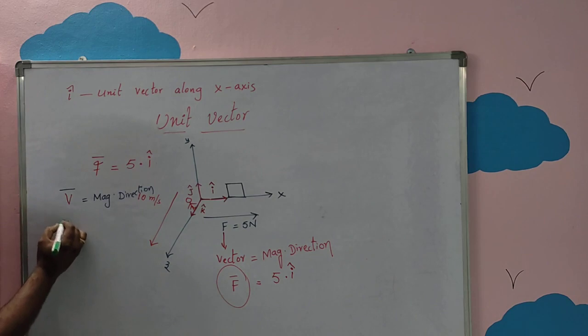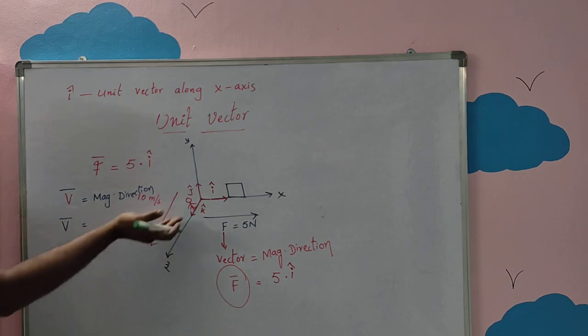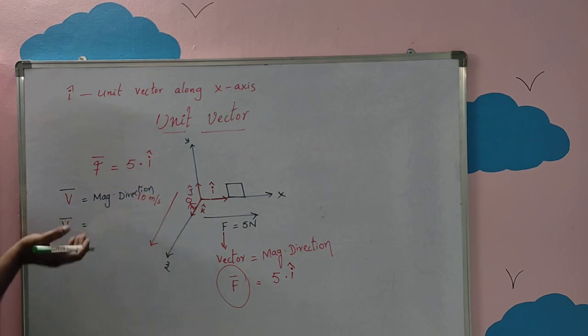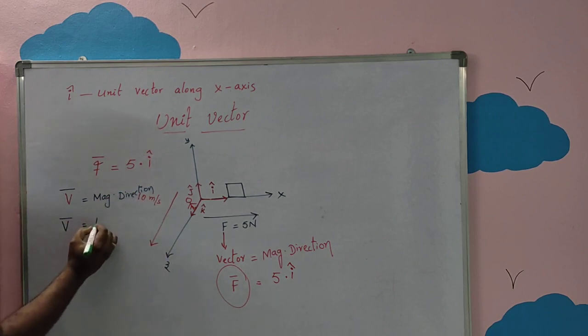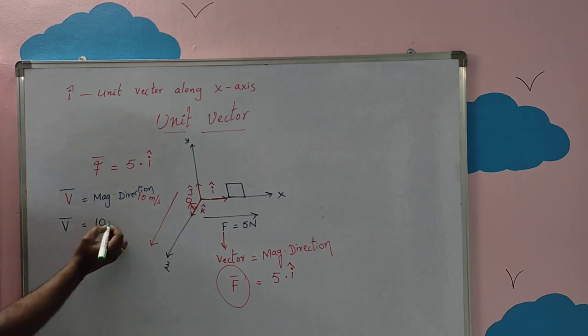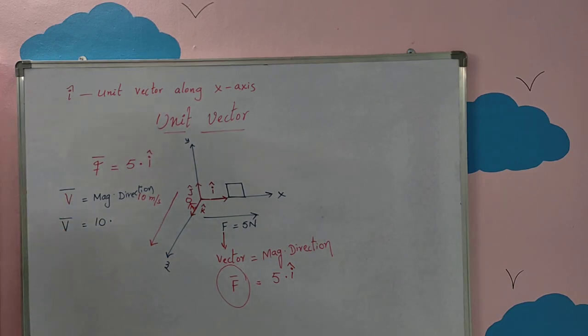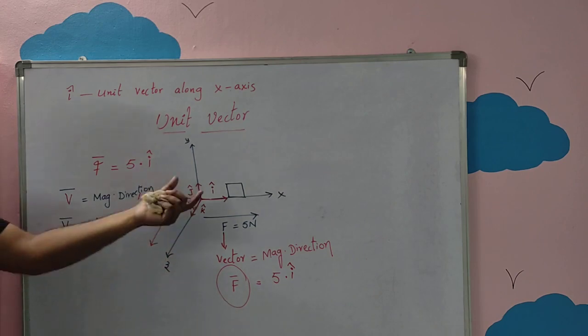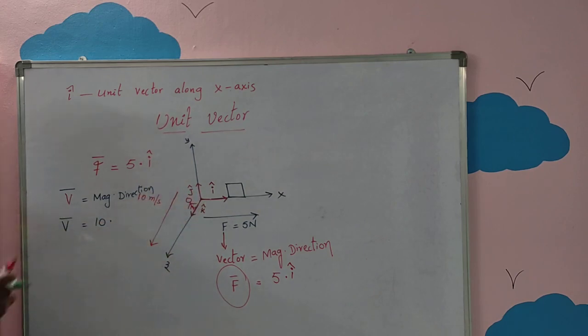Now see, I am confirming that velocity is a vector because with what velocity I am running, which means the value of my velocity, I know, that is 10 meters per second. And what is the direction of this velocity vector? Who gives the direction of my velocity in the z axis? That is k cap. So what is k cap here?